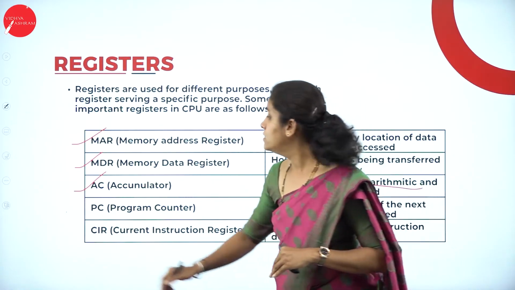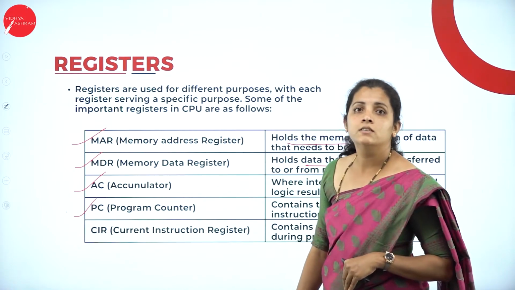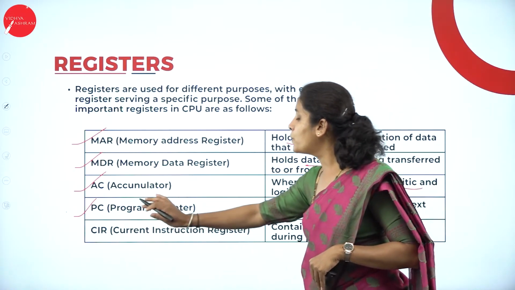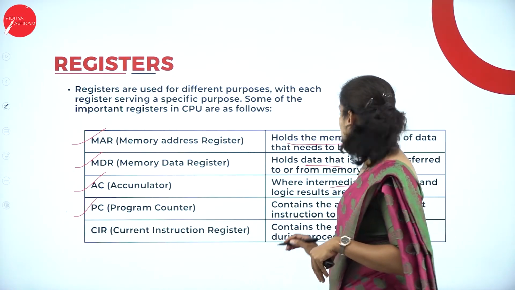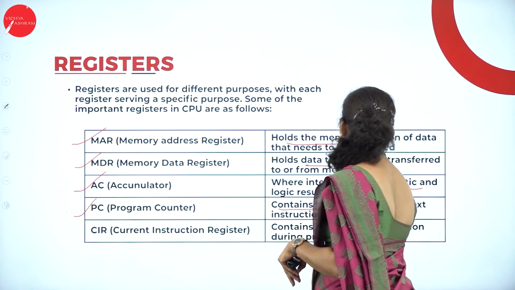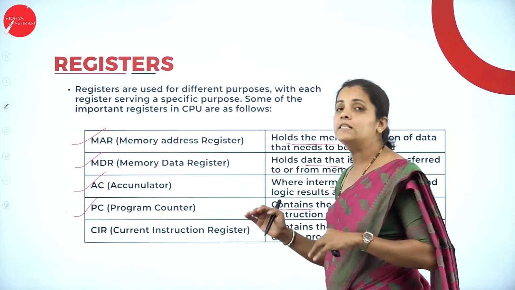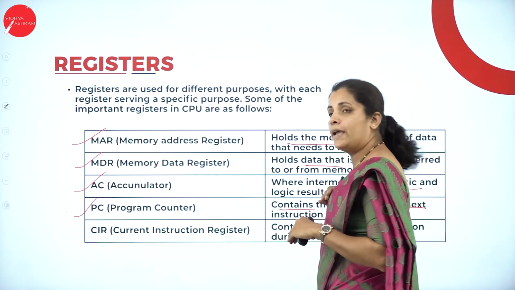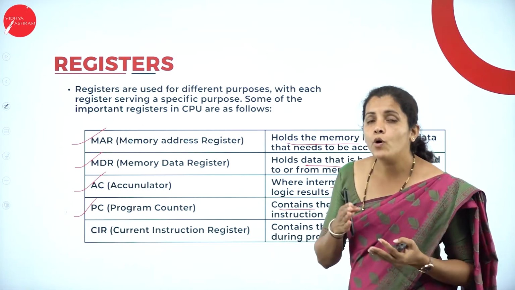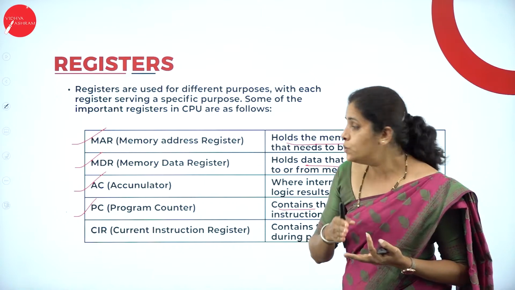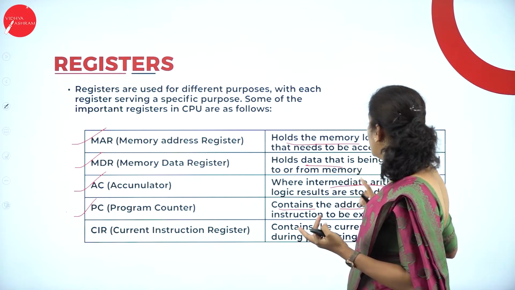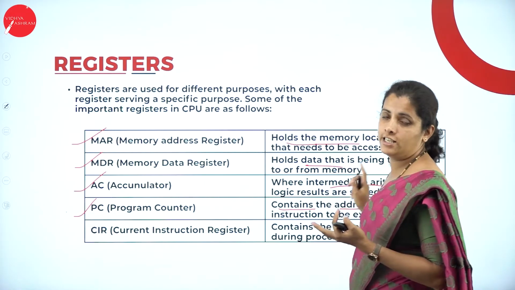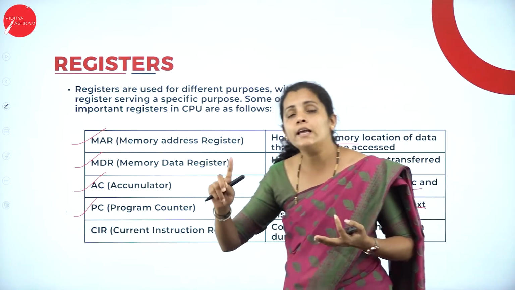The fourth register is the PC, that means program counter. The program counter holds the address of the next instruction to be executed.